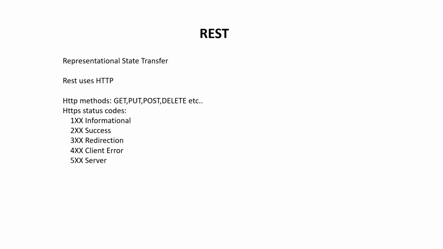If there is a validation error, authentication error, or authorization error, we can use a 4xx code. Internal server error is 5xx. If there is a backend failure, some exception, or some DB is down, in those scenarios we can use 5xx status codes. We'll implement those HTTP status codes in upcoming lectures.